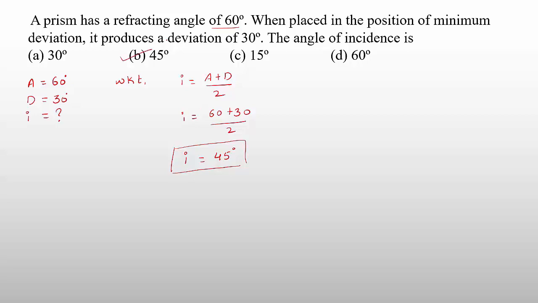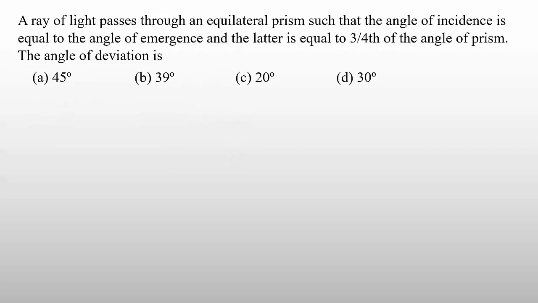Option B is right. A ray of light passes through an equilateral prism such that the angle of incidence is equal to the angle of emergence and the latter is equal to 3/4 of the angle of prism. Then the angle of deviation is... see here in this problem, angle of incidence and angle of emergence are equal. Let us take the angle of incidence as I1 and the angle of emergence as I2.